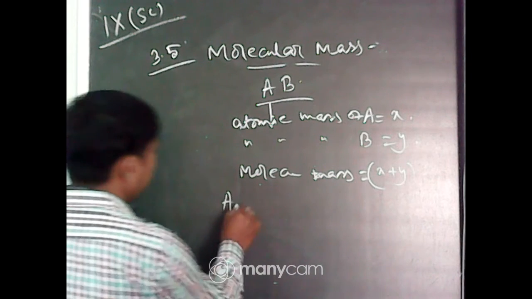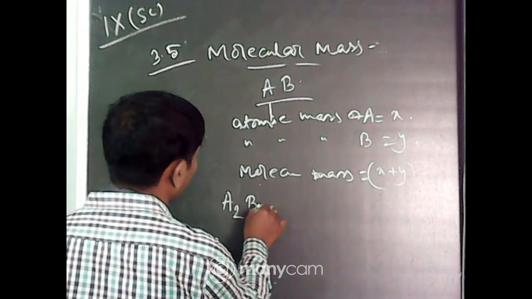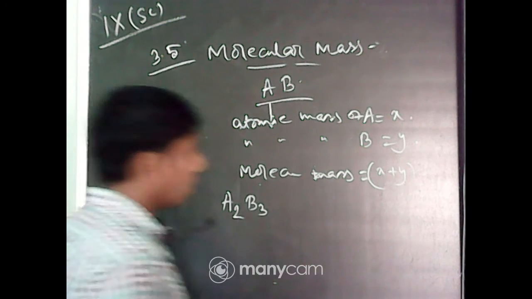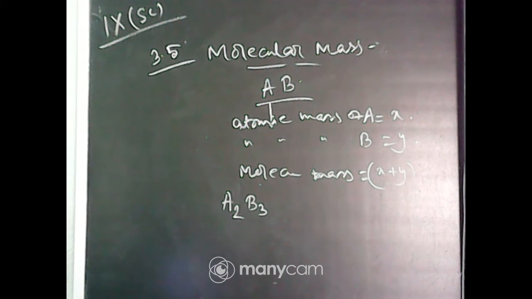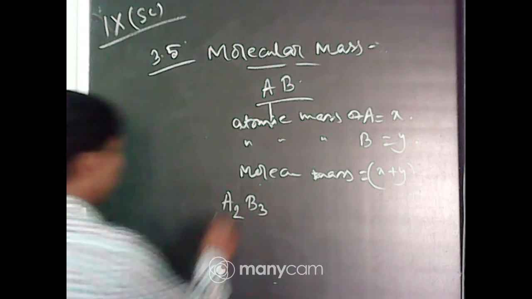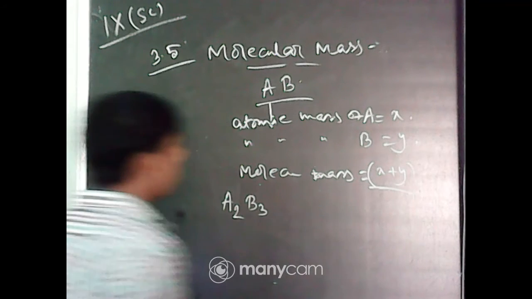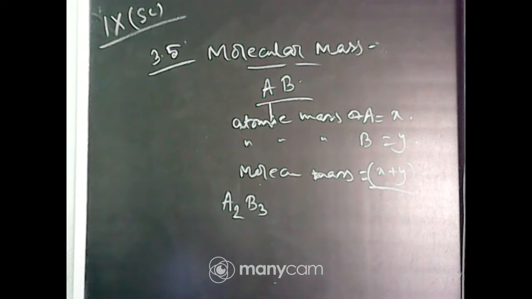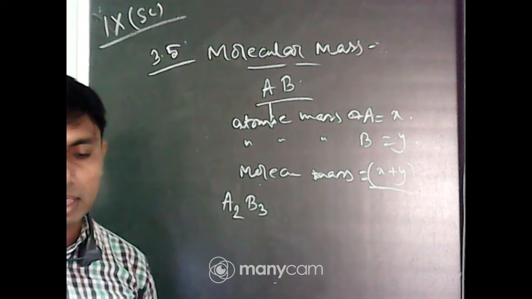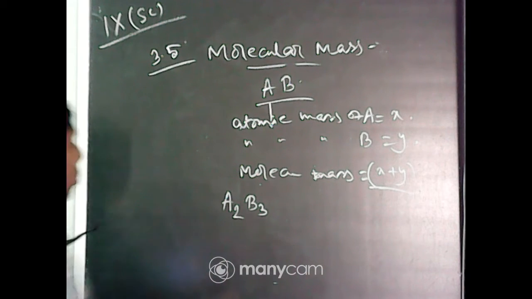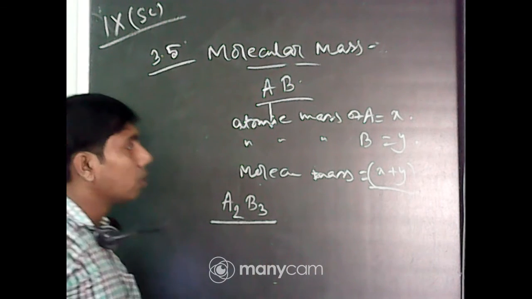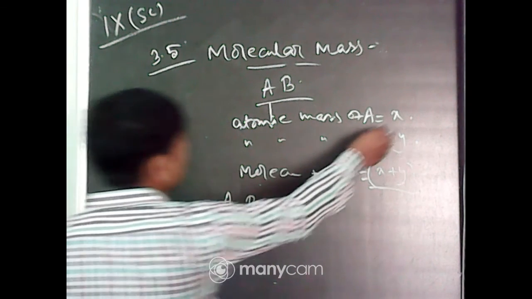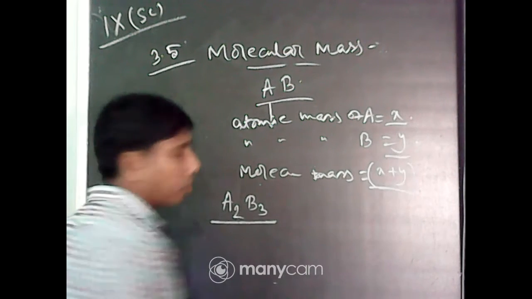Now if it is A2B3, then what would be the molecular mass? Tell me in general form. Can anyone tell this? What would be the molecular mass of A2B3 if the atomic mass is X for A and Y for B?